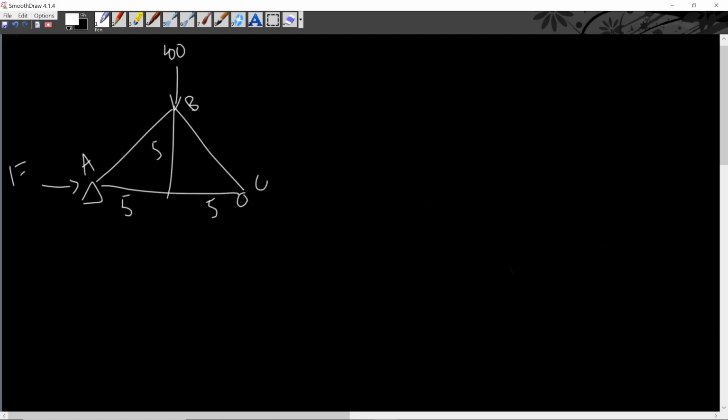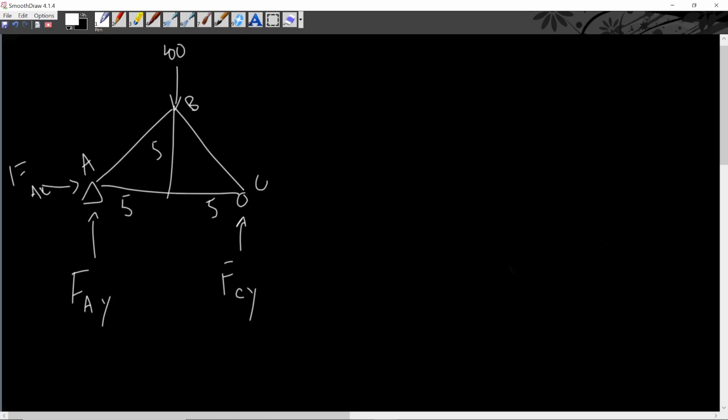We'll put that subscript. Yeah, we'll say FAX. And then we have a force acting in the y direction at A, so FAY. And then we have a force acting solely in the vertical direction, so FCY.